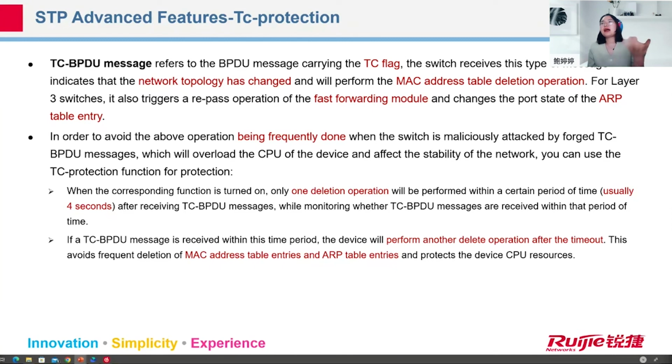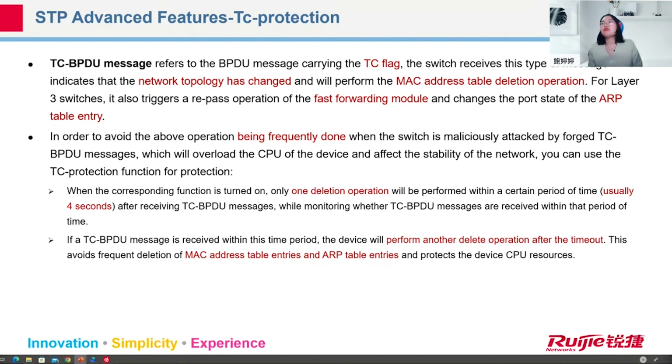That means maybe within 4 seconds I receive 10 requests to delete the MAC address table, but I only delete one time. But after 4 seconds, maybe I receive the message again to delete the MAC address table, and I will delete again. So we can reduce the frequency of refreshing the MAC address table and the ARP table.